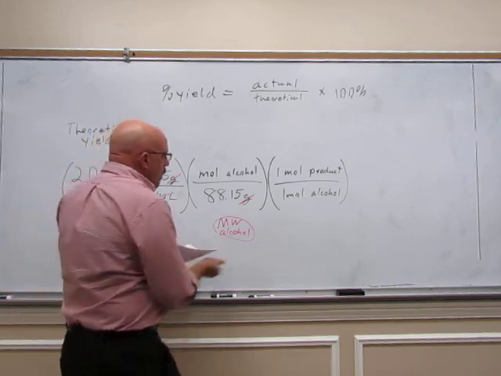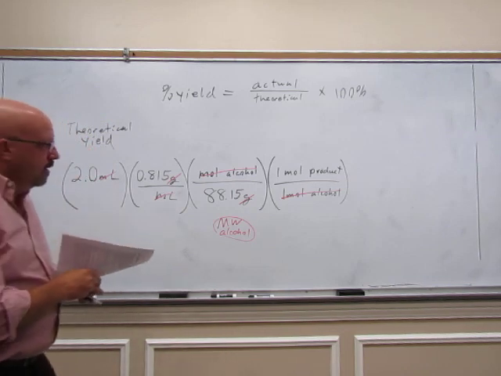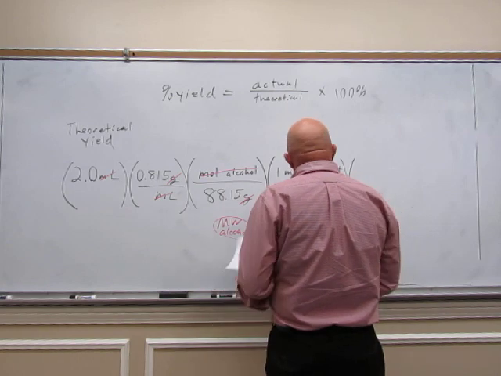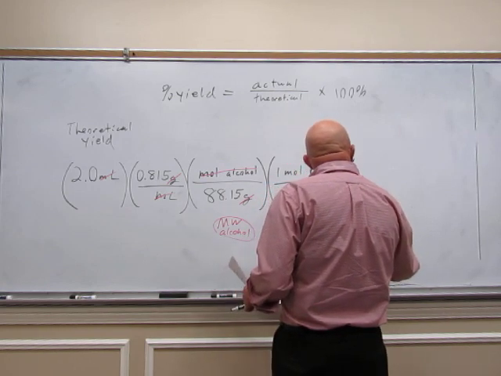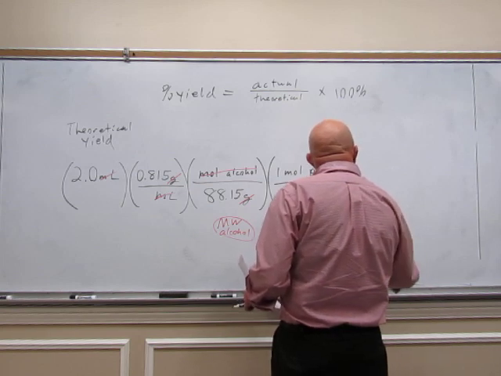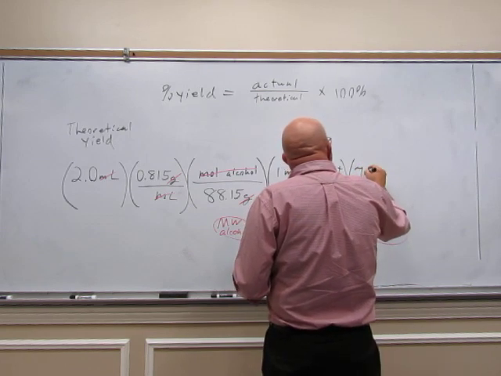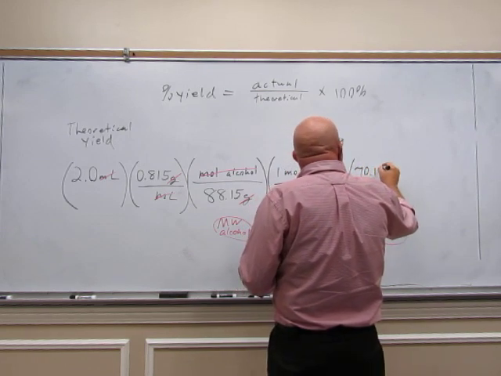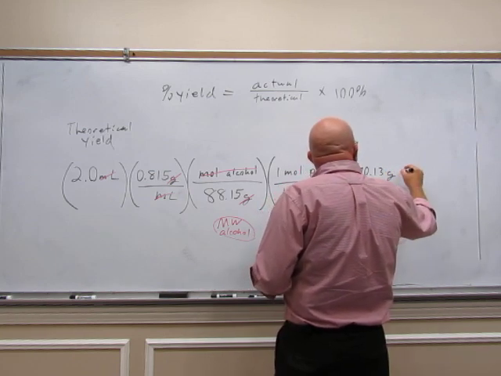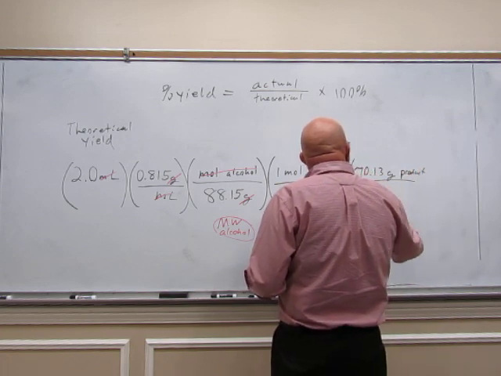Now, our moles of alcohol cancel out. Now we have moles of product. Let's go ahead and get it into grams of product. So we'll use the molecular weight of our product, of our alkene. And the molecular weight of the product is 70.13 grams per mole.